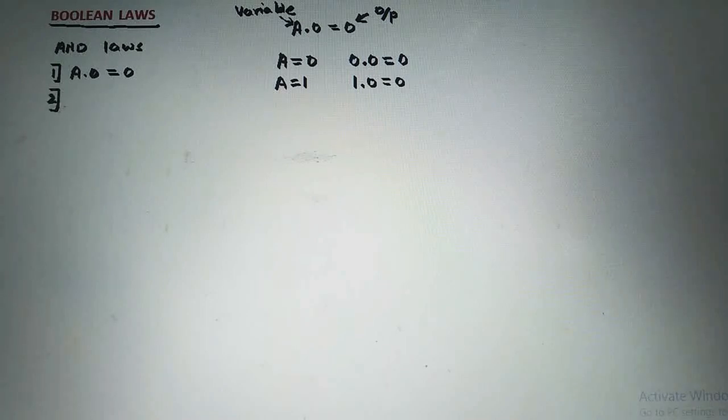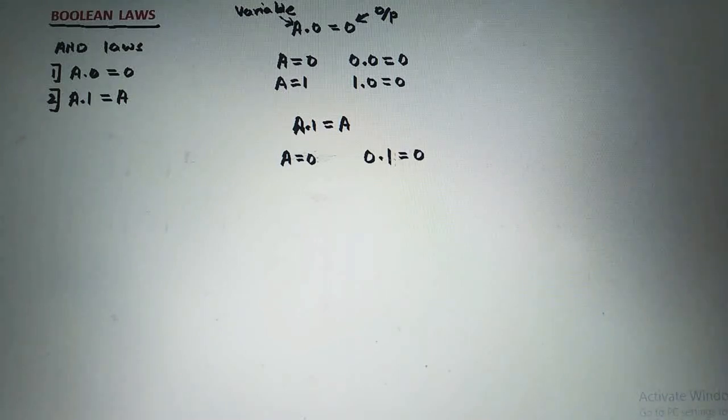Next, the second AND law: A dot 1 is always equal to A. A is a variable. First we take A equal to 0. So 0 dot 1 is equal to 0, meaning 0 ANDed with 1 is 0.